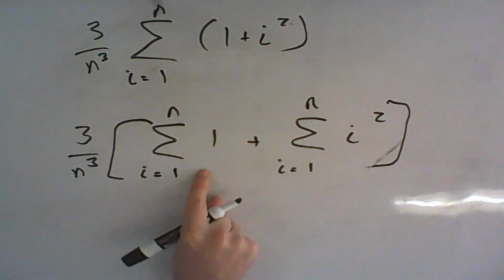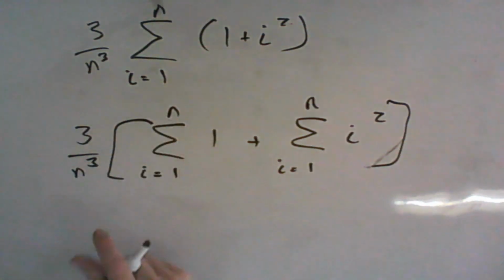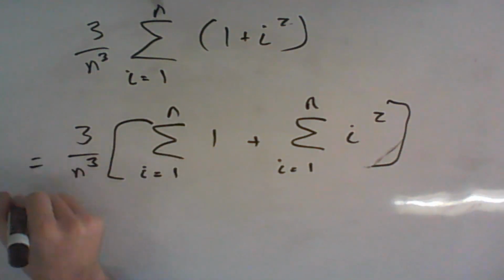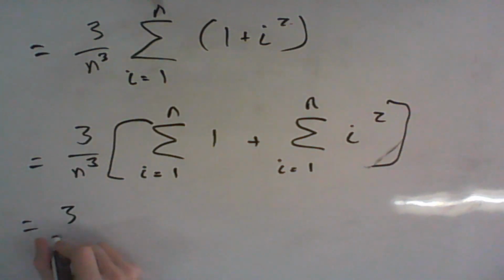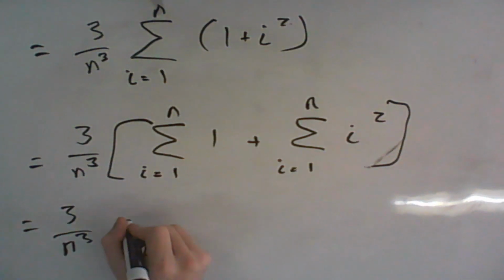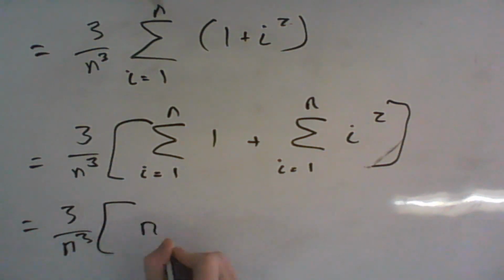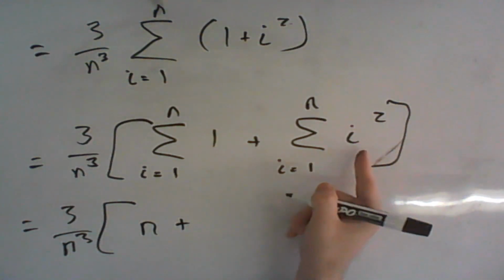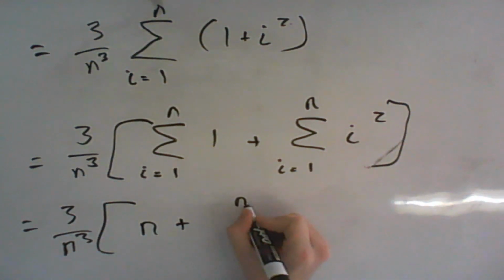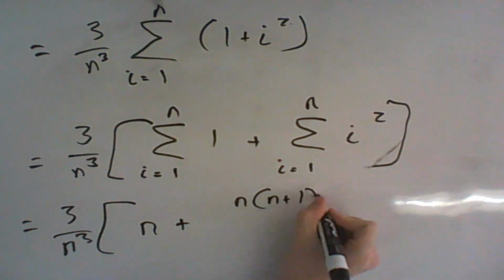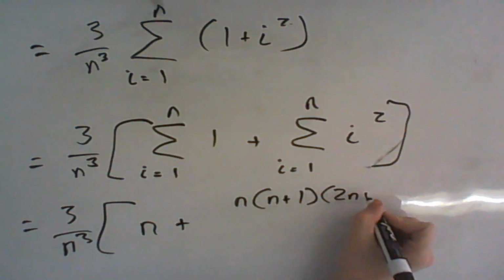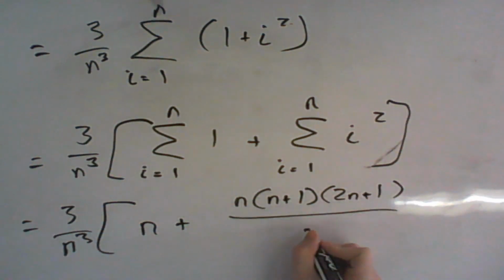What is the sum of this? Well, the sum of 1 will be n. So we'll have 3 over n cubed times n plus, and then this is actually going to be n times n plus 1 times 2n plus 1, all over 6.